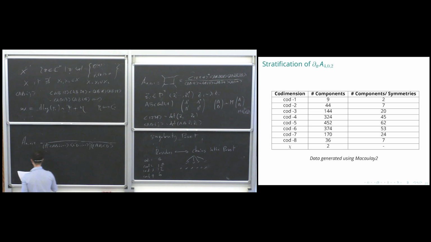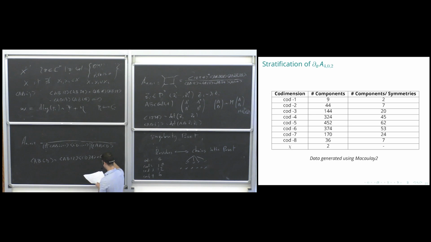Okay, this is a determinant. The computer doesn't know what it is as a polynomial in a variety, so you have to write it in terms of Plücker variables. And you can do it in this way. It is essentially the Plücker relation where in the second bracket you put CD instead of AB.